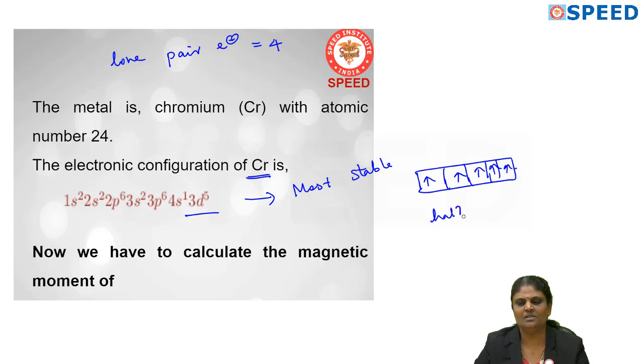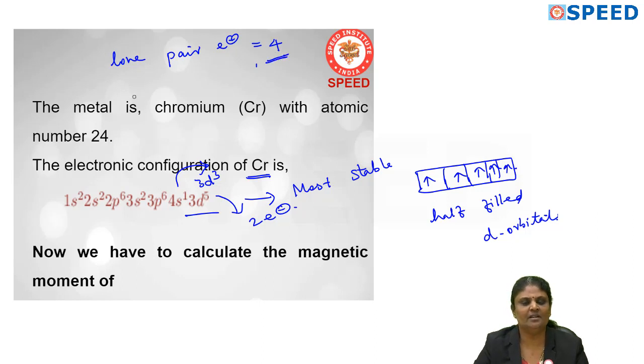Already there is only one electron in the s orbital. So I have to remove 2 electrons from this one, so 3d5 becomes 3d3. Already one electron is present, so you have to add these two things.